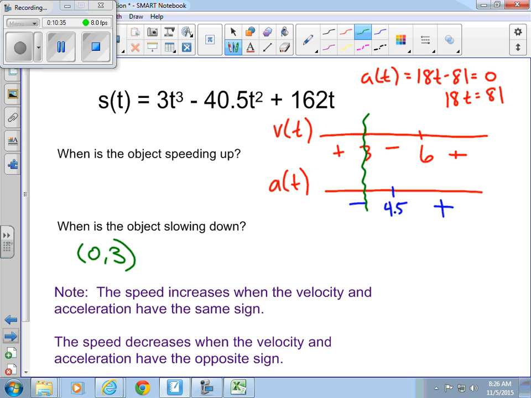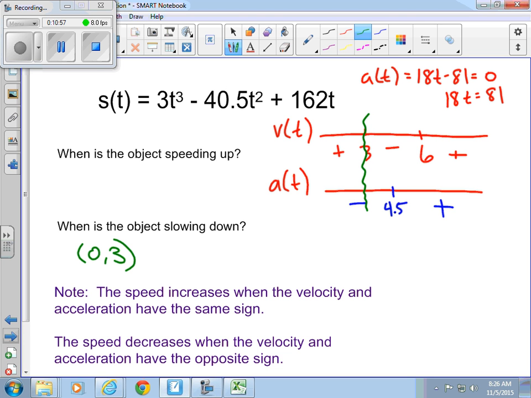Okay. So the object is slowing down from 0 to 3 because the velocity and acceleration have opposite signs. Again, it's tempting to say it's just because the acceleration is negative, but it's because we had a positive velocity and it's decreasing, so it's getting closer to the x-axis, getting to be a smaller value. So velocity being 50 miles per hour is big velocity.